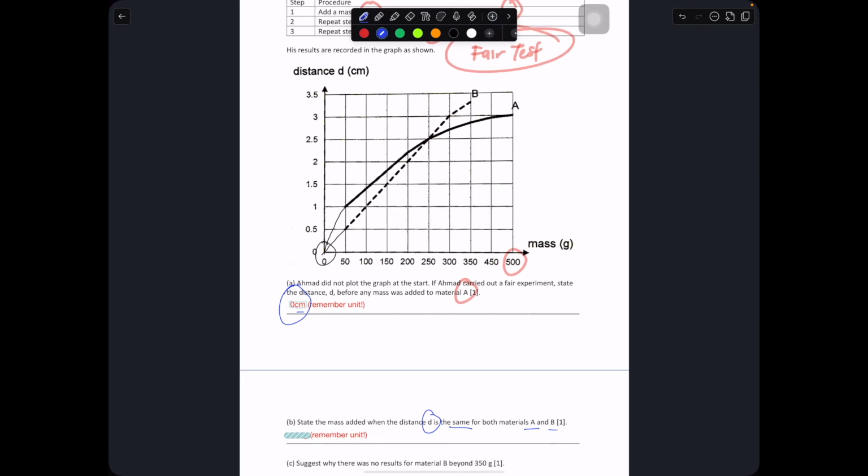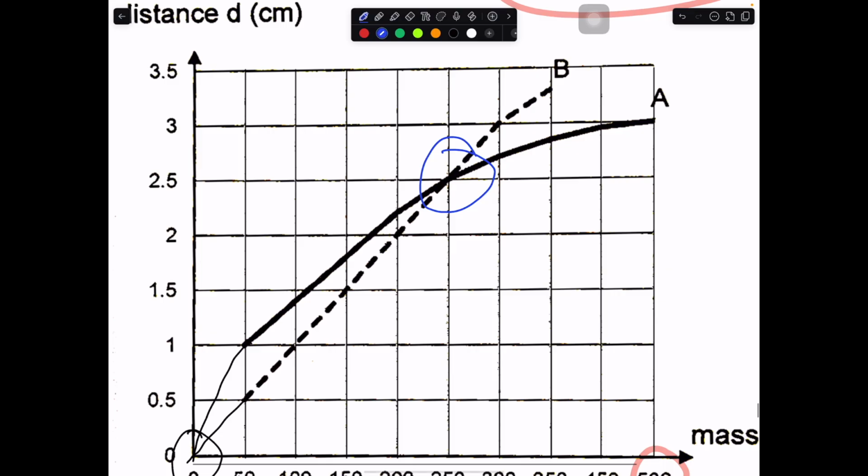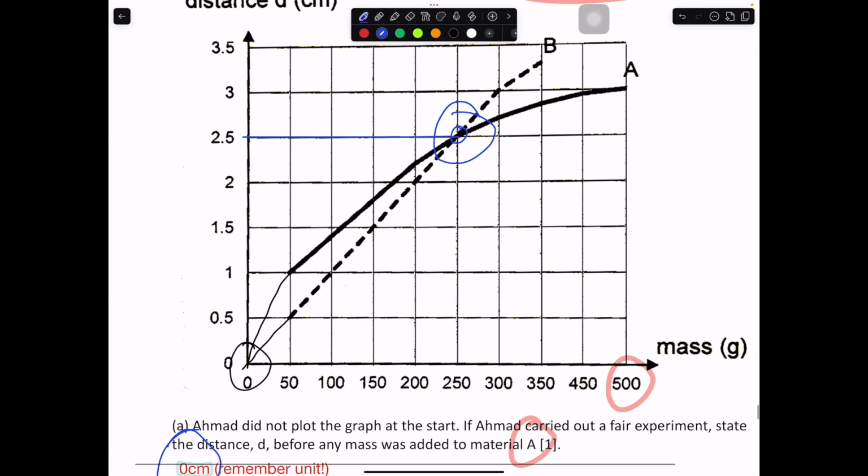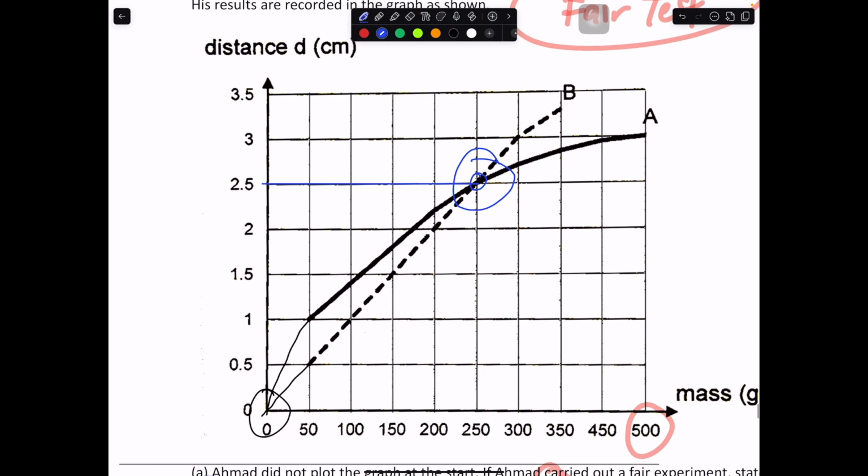The only information you can get from the graph is when B and A intersect each other. That means they cross the path of each other. At 2.5, the distance D is 2.5 cm when both of them are hung with 250 grams of material.